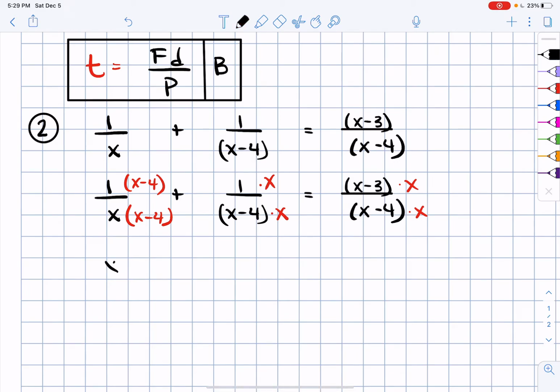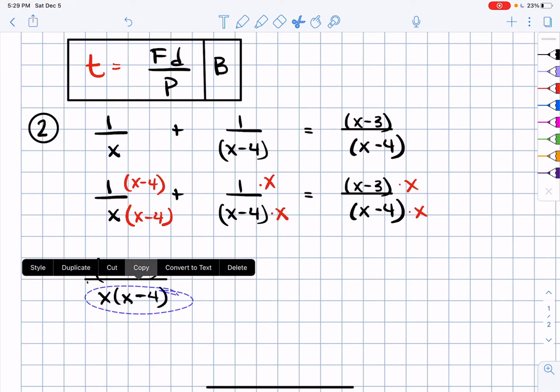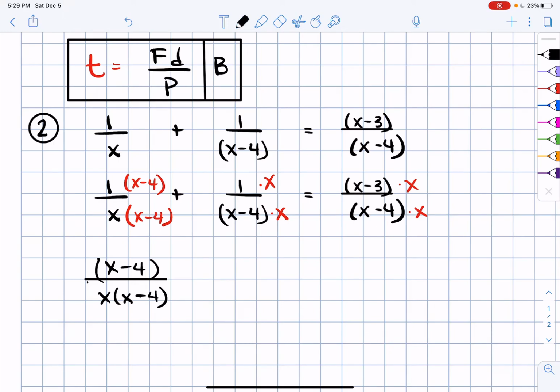So what do I have now? I have x minus 4 over x times x minus 4, plus x over x times x minus 4, which is equal to x times x minus 3 over x times x minus 4.